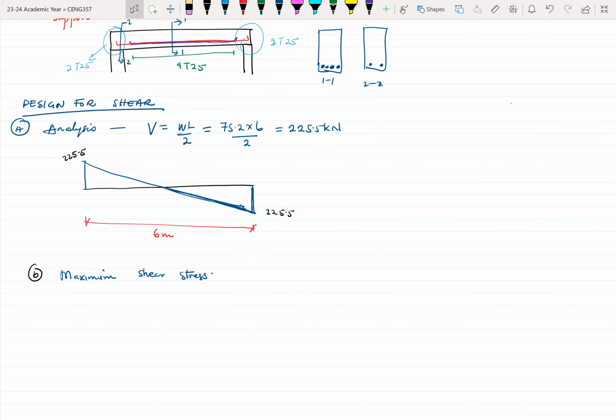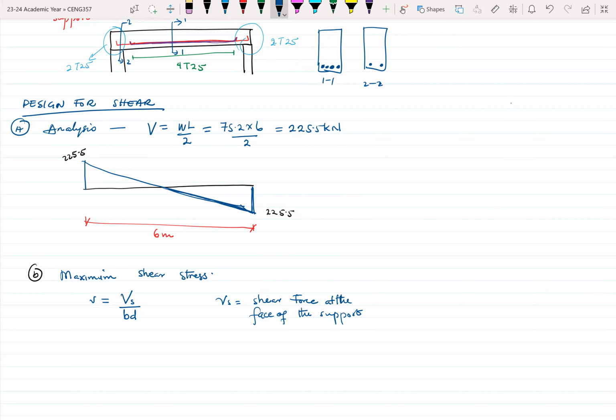And then we know that the maximum shear stress, V, is equal to the shear force, Vs. I'll explain what Vs is, where the shear force, Vs, is the shear force at the face of the support.